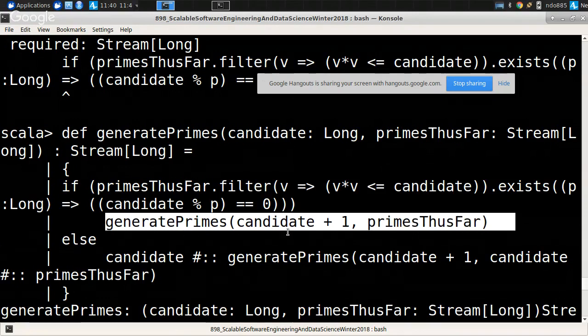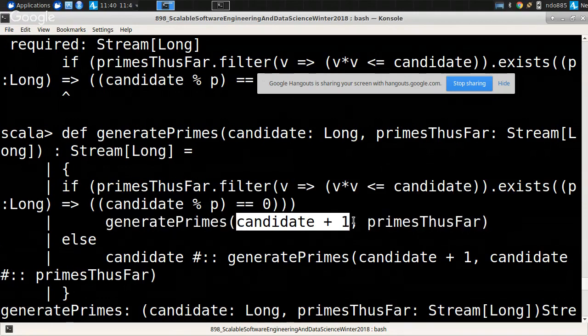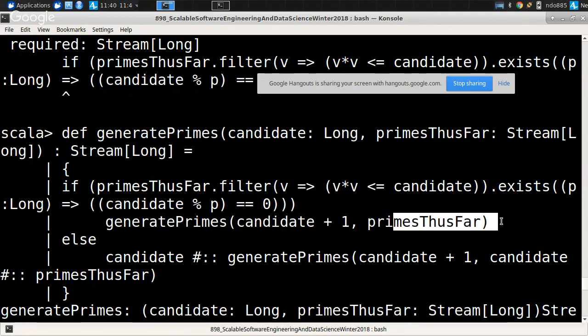And whatever primes there are from candidate onwards, including candidate, are the same as the primes from candidate plus 1 onwards, with just the primes thus far found.